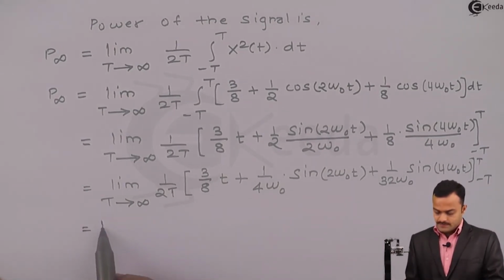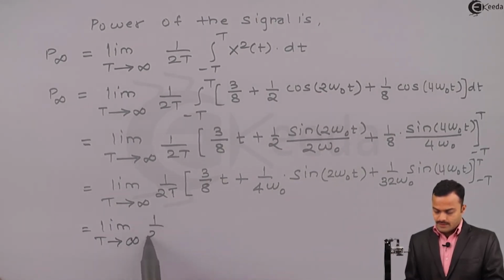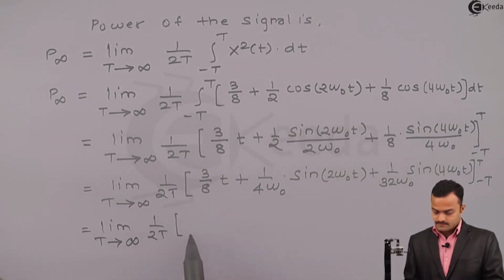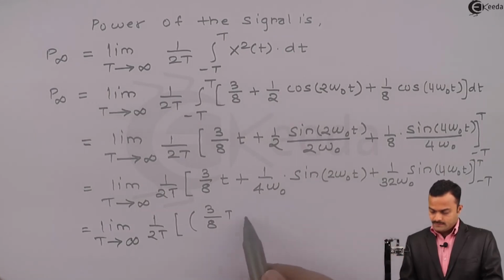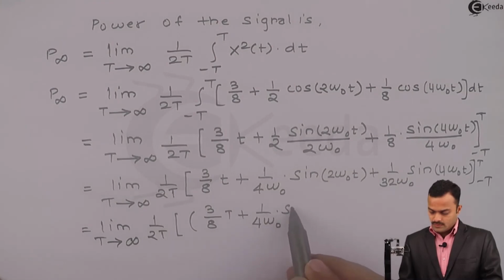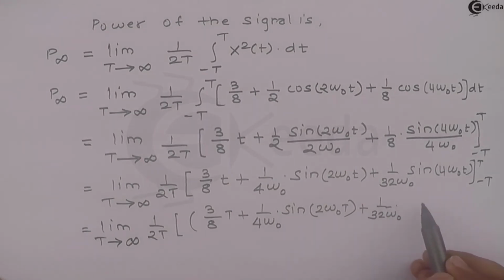So let's apply the limit. After applying the limits, we'll get 3 by 8 into t plus 1 by 4 omega 0 into sine 2 omega 0 into capital T plus 1 by 32 omega 0 into sine 4 omega 0 t.